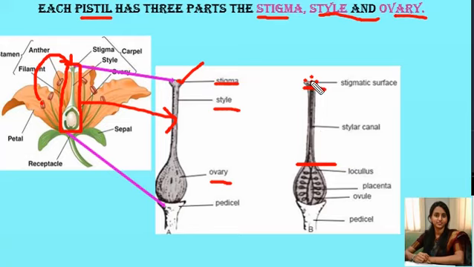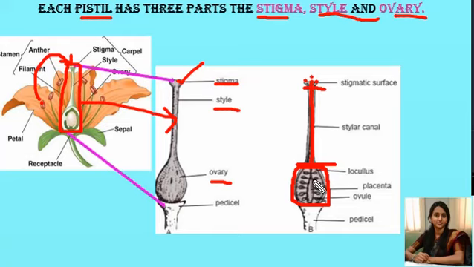When the pollen grain germinates, the pollen tube passes through this hollow canal. This is known as the style. And the basal bulged part of the carpel is known as the ovary. Inside the ovary there is a cavity called the locule or ovarian cavity.